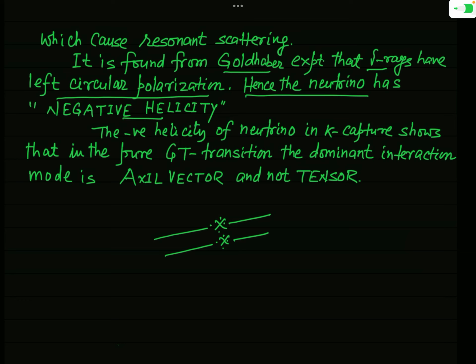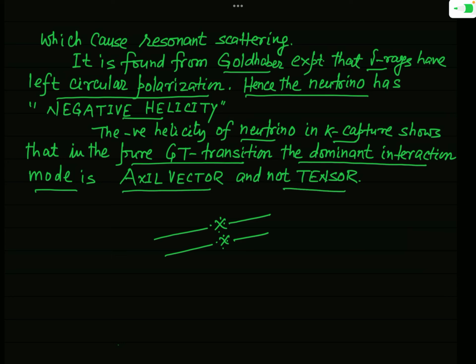Now, if the helicity of the neutrino is negative, what information do we get from it? In fact, the negative helicity of the neutrino in K capture shows that in the pure GT transition, Gamow-Teller transition, the dominant interaction mode is the axial vector interaction, not the tensor interaction.